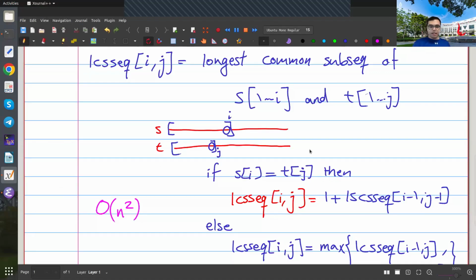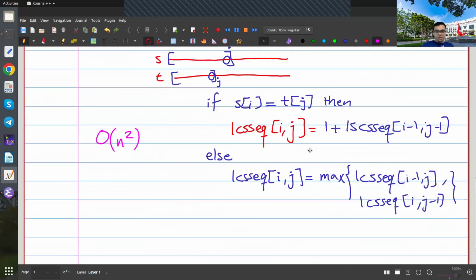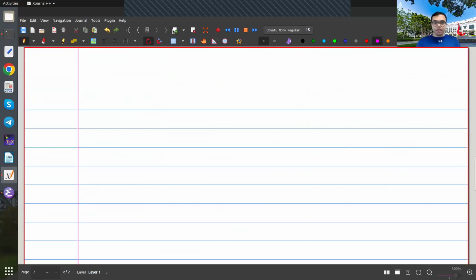Now, what happens if instead of the longest common subsequence, I asked you for the longest common substring? So this is my second problem. Or actually, let me first ask a very simple problem. So let's do longest common suffix.